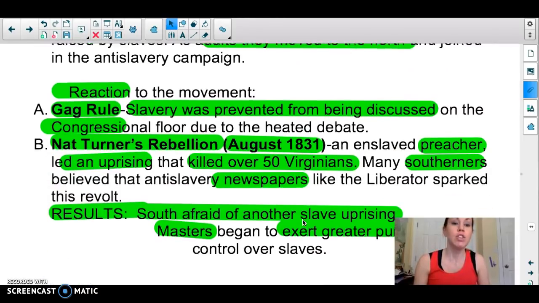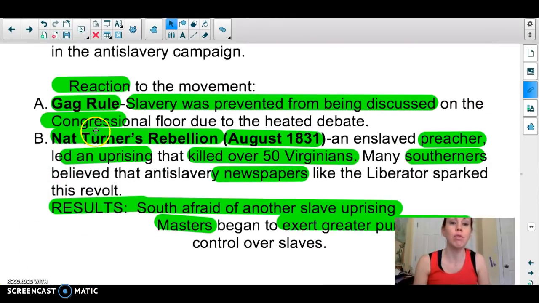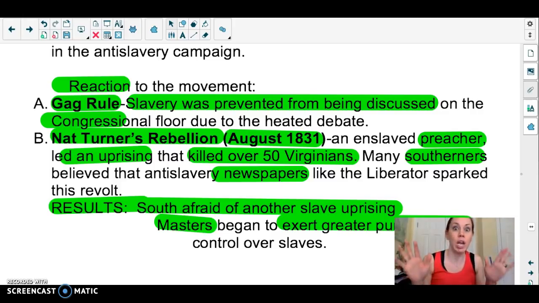Okay, so then you have reaction to the movement. So the first of that is called the gag rule. And this is interesting, and we will build on it as the semester continues. But slavery was prevented from being discussed on the congressional floor because they were so afraid that there would be heated debate.